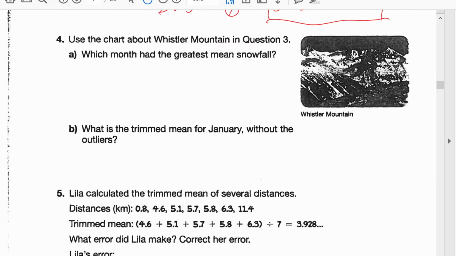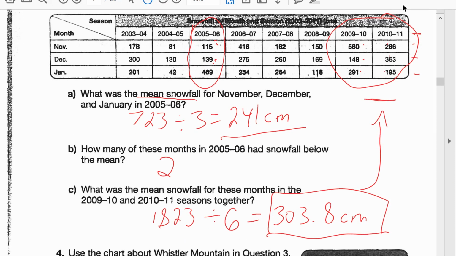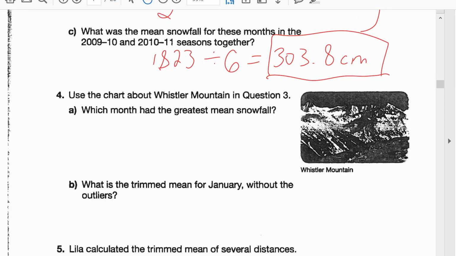Good. Use the chart. On question 3, which month had the greatest mean snowfall? So months are over here. What you have to do is add this way now to the right. So this, all the way, get a total, and you're dividing by 1, 2, 3, 4, 5, 6, 7, 8.